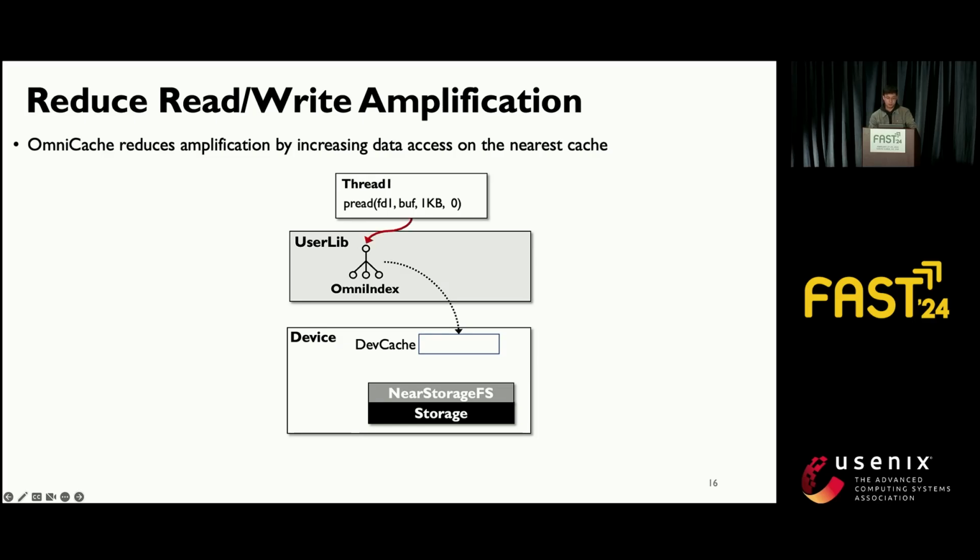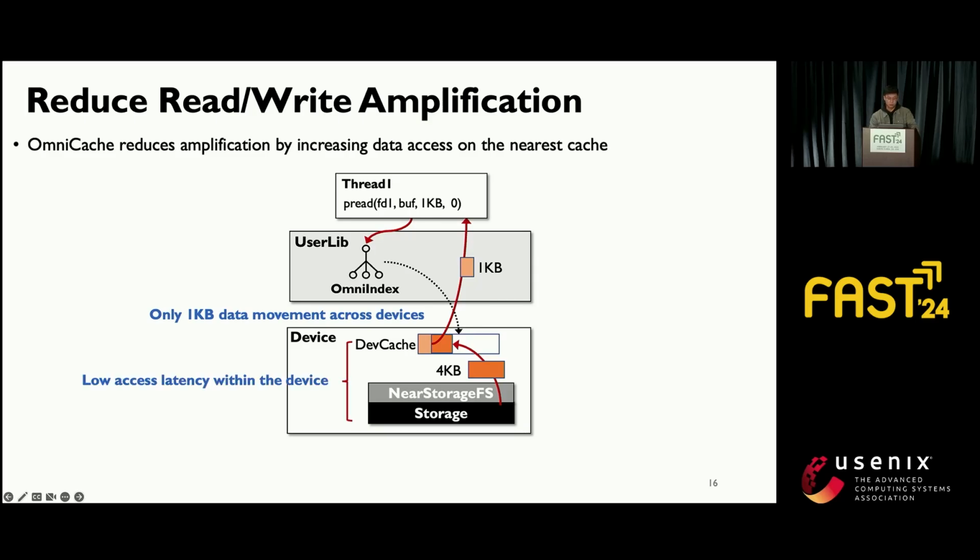It gets a cache miss on the host and then directly loads the 4 KB data block to the device cache first, instead of moving it to the host level cache, and returns 1 KB data back to the application from the device cache directly. So therefore, there is only 1 KB data movement across the devices. And within the device, it also provides low access latency. Therefore, near storage cache overcomes the alignment-related amplification issue.